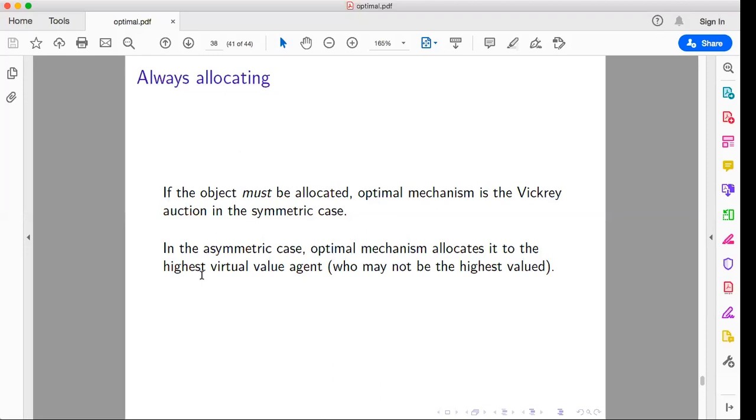So you need to have a Vickrey auction with no reserve price in that case. In the asymmetric case, it's slightly complicated because you must allocate to the highest virtual value agent, even though he has a negative virtual value. But the highest virtual value agent need not be the highest valued agent. So this is also a key corollary of our exercise. You should always remember this.